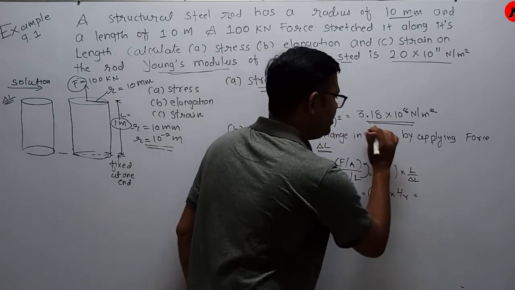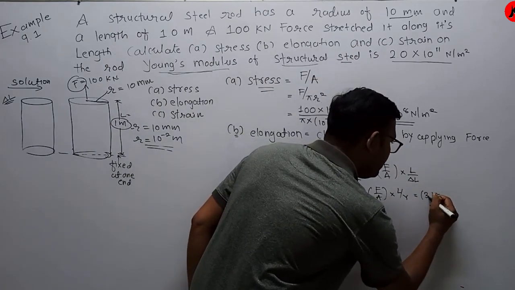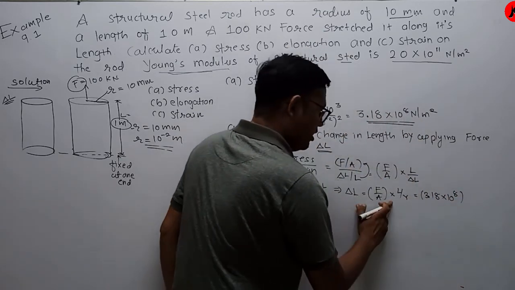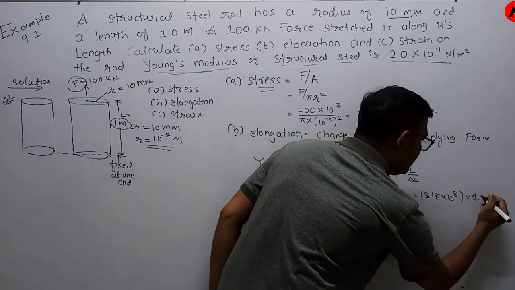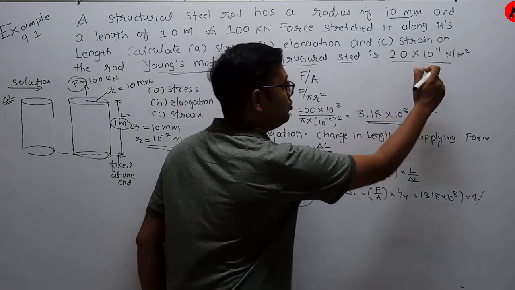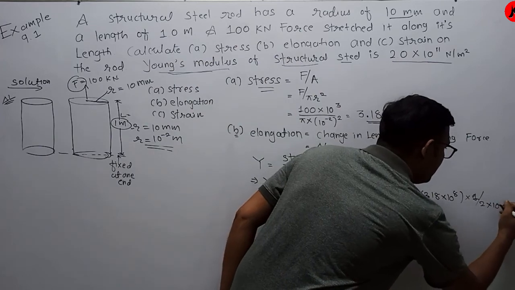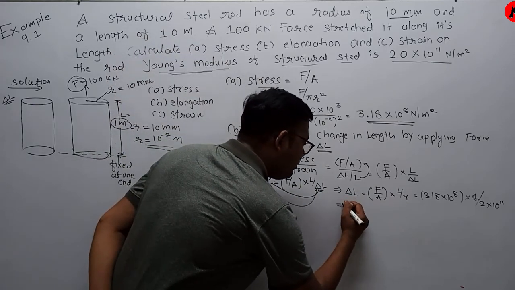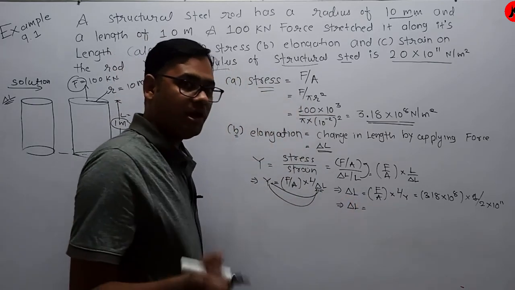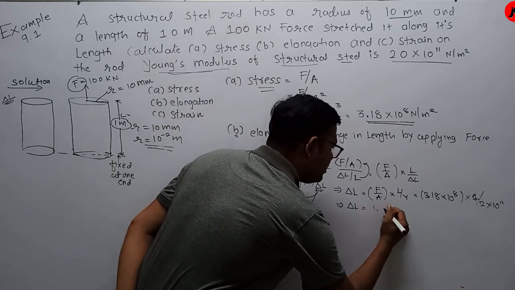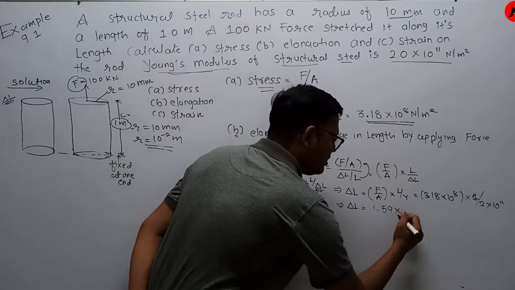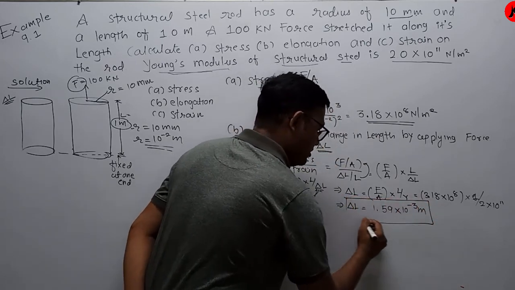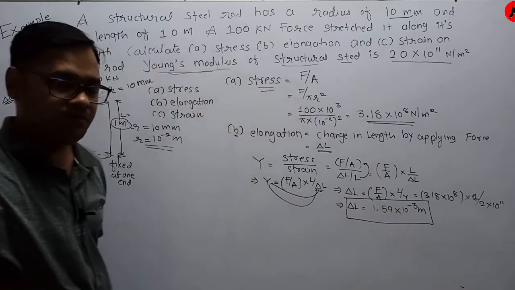F by A is 3.18 into 10 raised to 8 into length 1 divided by Young's modulus Y, 2 into 10 raised to 11. After solving we get the value of delta L, the elongation, as 1.59 into 10 raised to minus 3 meter.